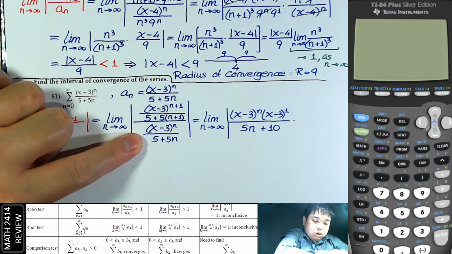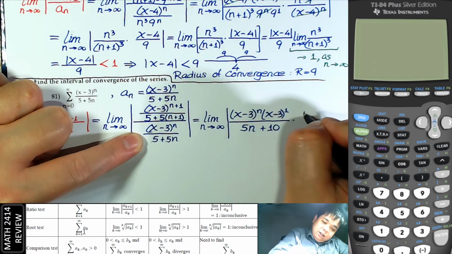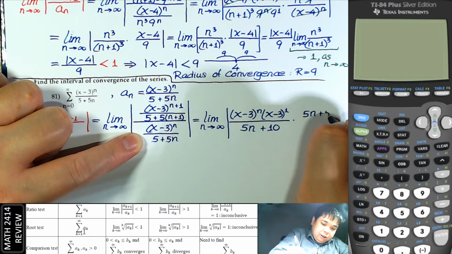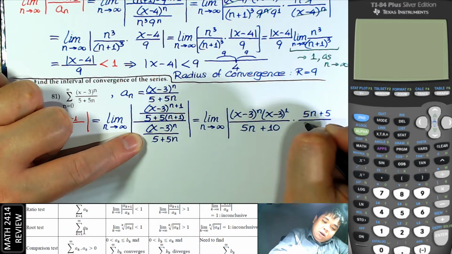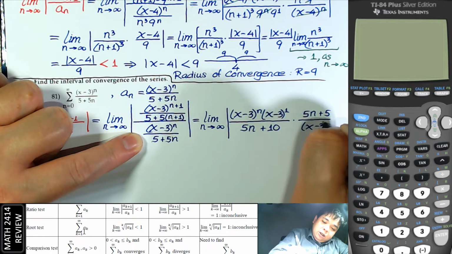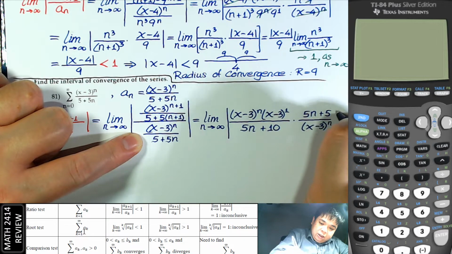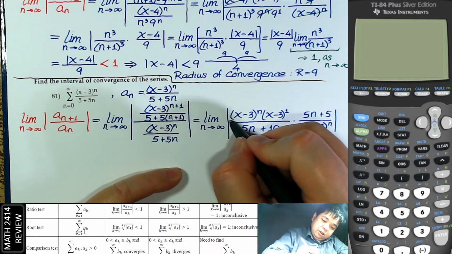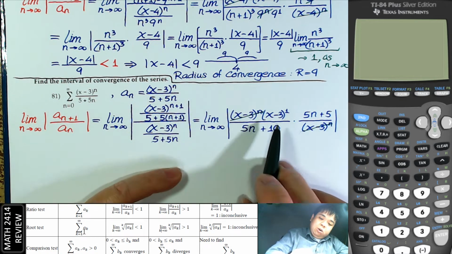Now multiply by the reciprocal. 5n plus 5. Bottom is (x minus 3) to the n. Now this cancels out. We have just x minus 3.